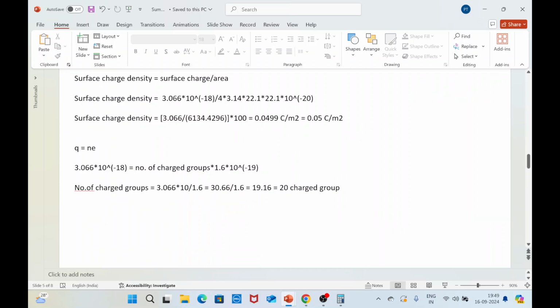The charge of one group is nothing but the charge of one electron. From there you can calculate the value of N. So this is about calculating the number of charged groups.